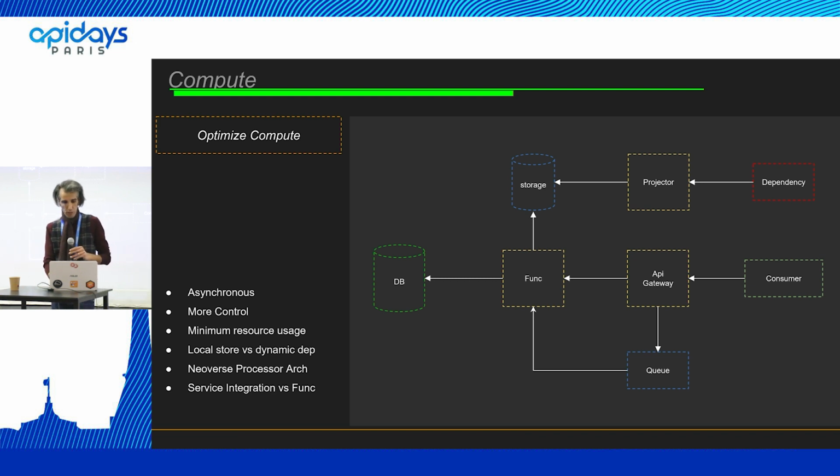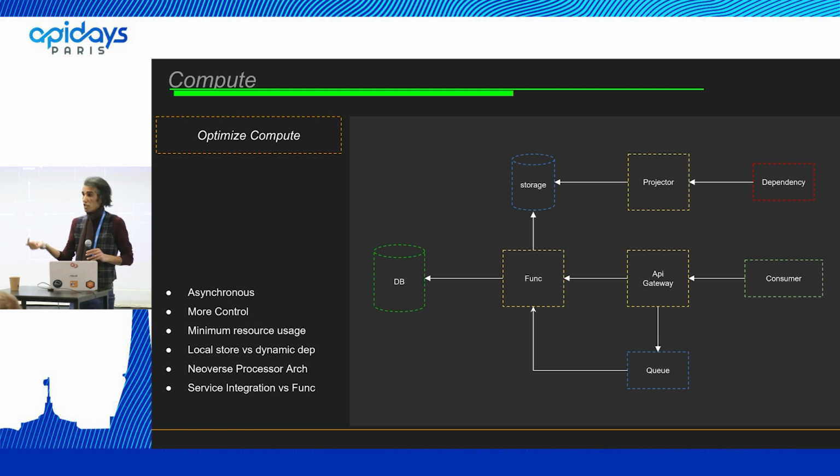And so use the Neoverse architecture. Neoverse is an optimized processor architecture that in AWS is called ARM64. I don't remember the name in Azure.